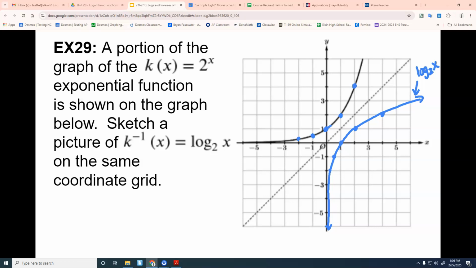What is the line? That is just the line y equals x. So when you have inverses, you can reflect it over that line. If we folded this in half on that line, our two sides should match up here. A few things to note: our exponential had a horizontal asymptote. Our log has a vertical asymptote there.